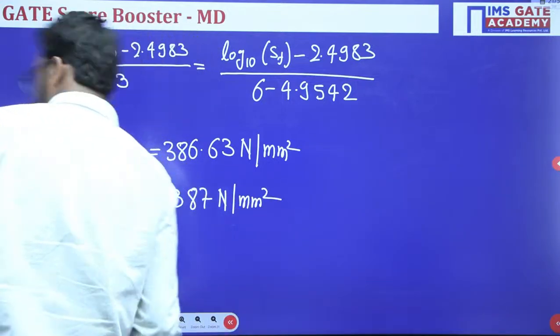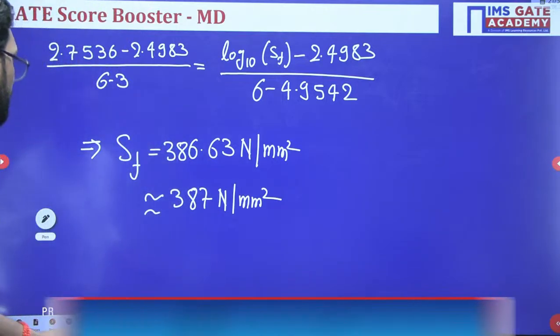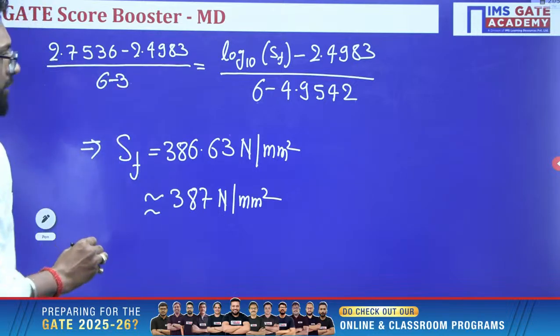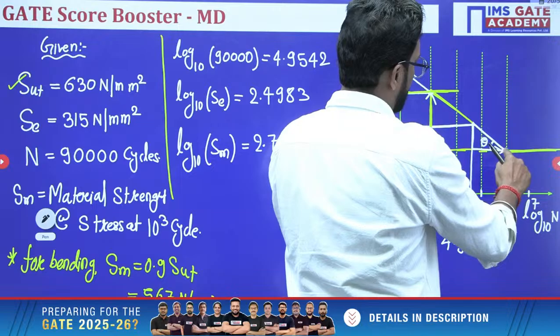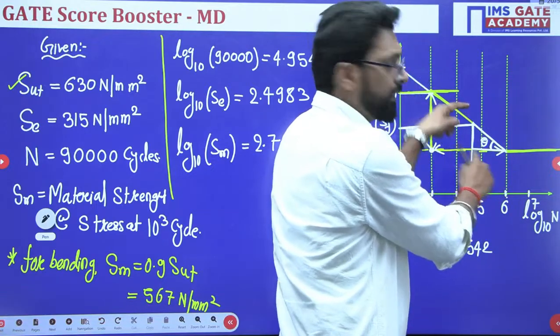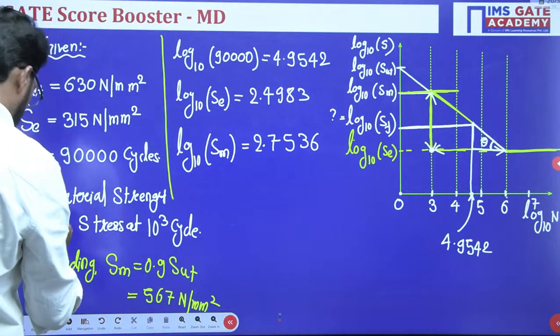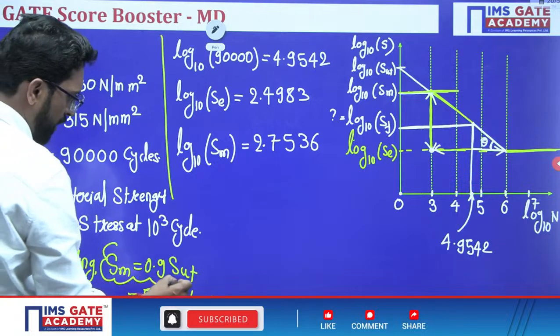Clear? Just this is a minus. Just do this one. This triangle, this height divided by this is equal to this height divided by this. That is done. And remember, for that material strength is 0.91 of ultimate strength.